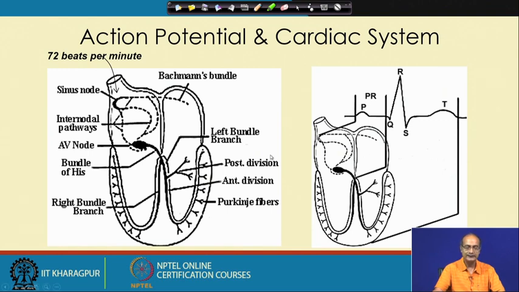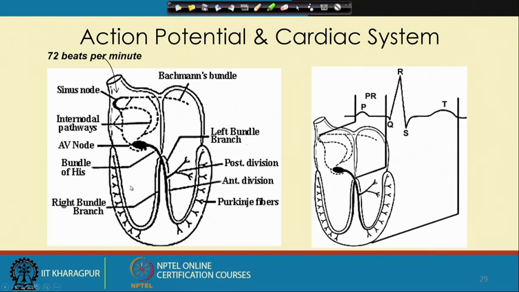When we look at the heart, we have 4 chambers, as we told you. At the top we have the 2 chambers called the atria, and below we have the ventricles, and we need a synchronous compression of these chambers for the proper flow of the blood.